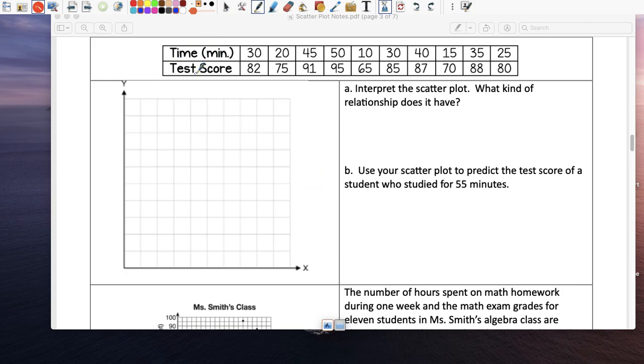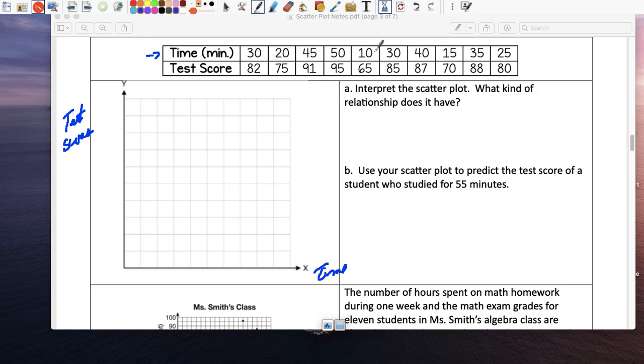Your test score depends on the time that you study. So test score will be your dependent, or your y, your output, and your x, your independent, or your input, will be the time that you study.